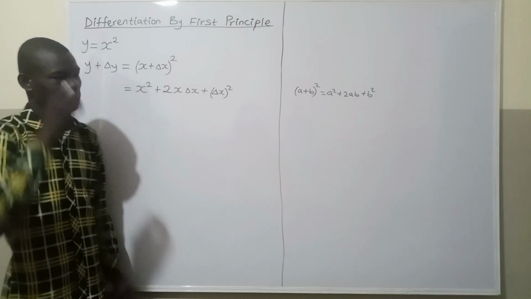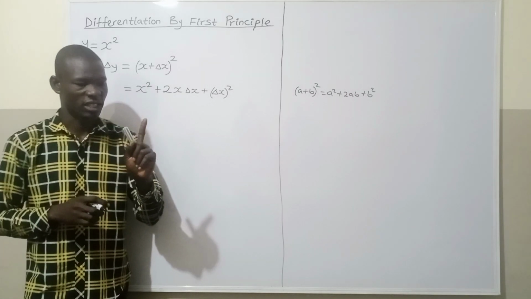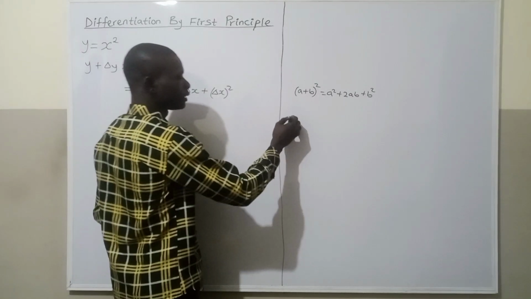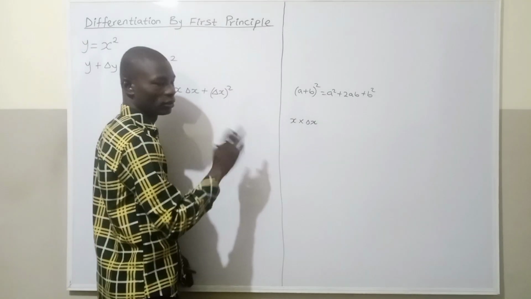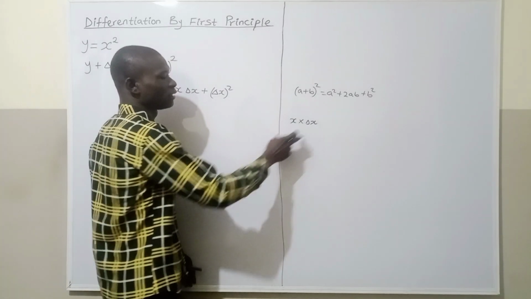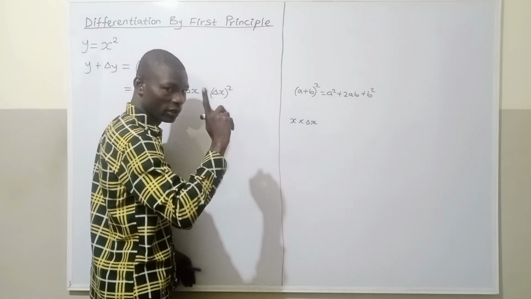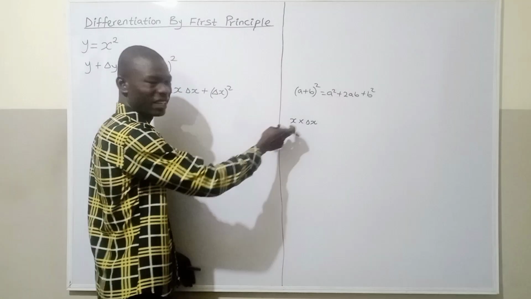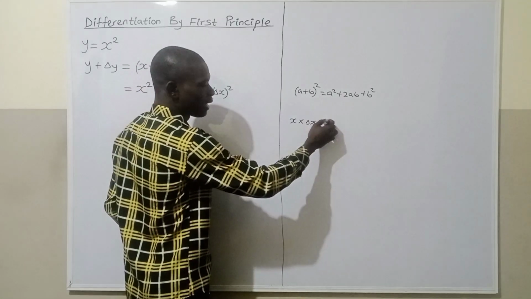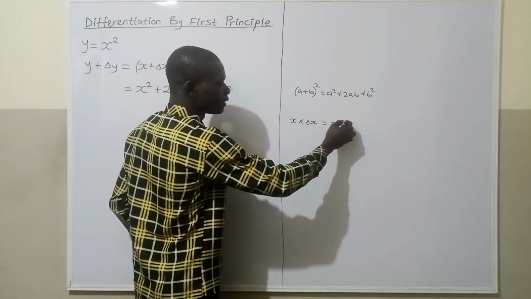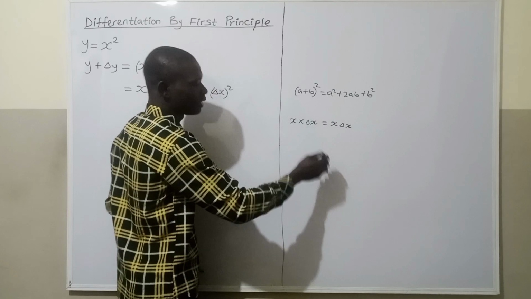One mistake I like to tell students that they should try to avoid is this: they should not say x multiplied by delta x is delta x squared. Delta x is an entity on its own. X is an entity on its own. In fact, this delta x is just a single value. Sometimes some textbooks will use h in the place of delta x. So it's still the same thing. X multiplied by delta x is x delta x.